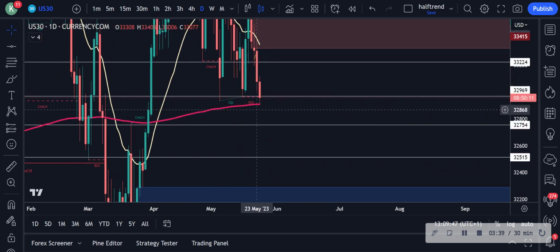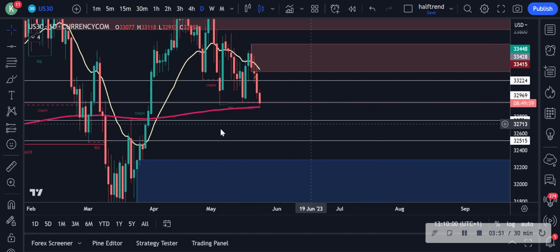If it does break through it today, we are going to see a little bit of retracement and consolidation at this point here, just to see if this was a fake out or not, and then price is going to continue tanking. At this moment it's just bouncing off here, okay?